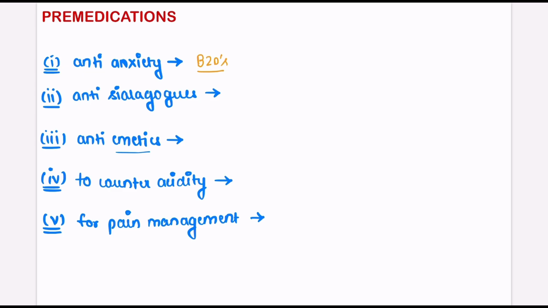Therefore, we give anti-sialogogues, which are atropine and glycopyrrolate, which are anticholinergics.